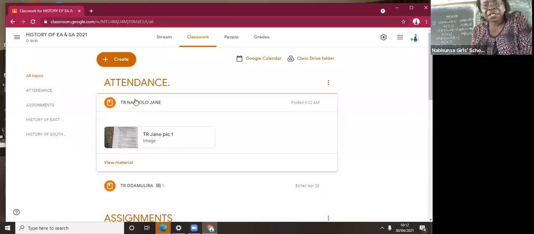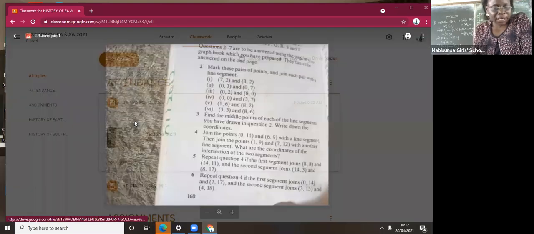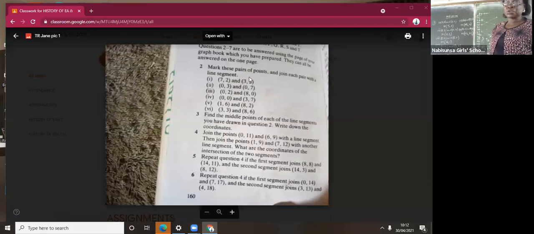So now we are repeating the procedure for number 4. We drew 2 line segments and found the point of intersection. That is the same thing we are supposed to do with number 5.